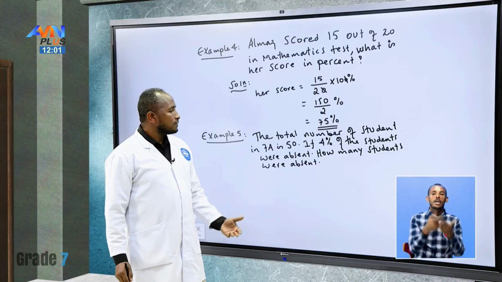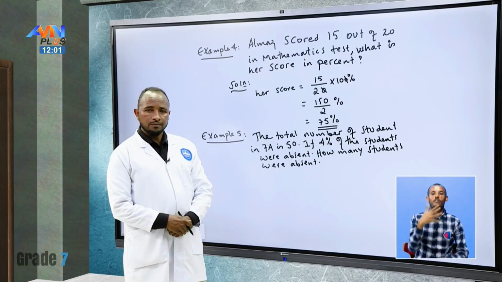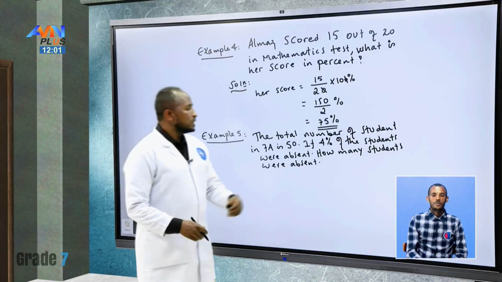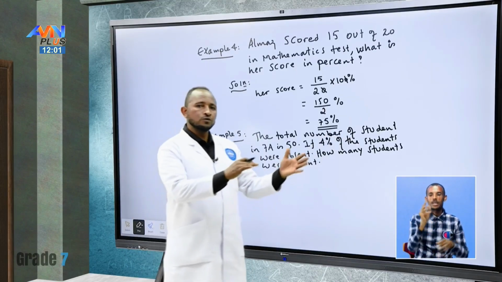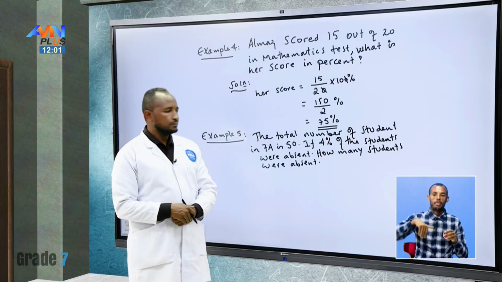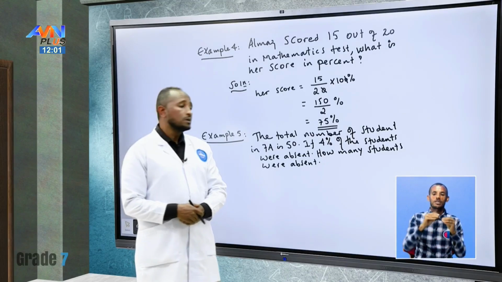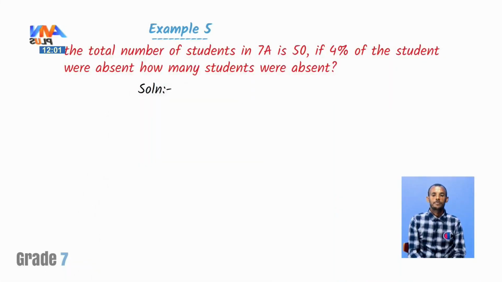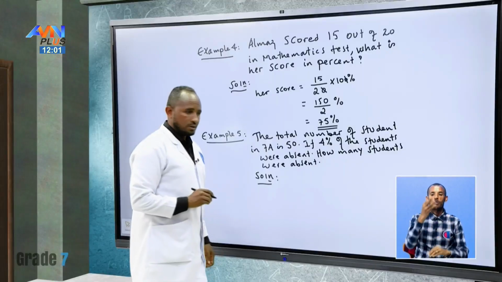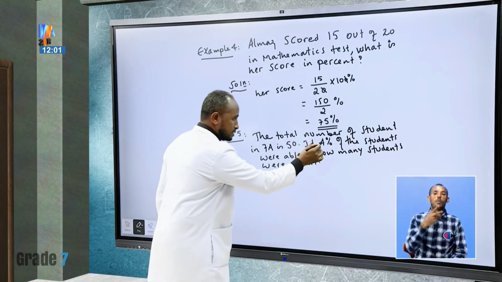Here we have the total number of students is 50. But 4% of the students were absent. So how many students were absent?